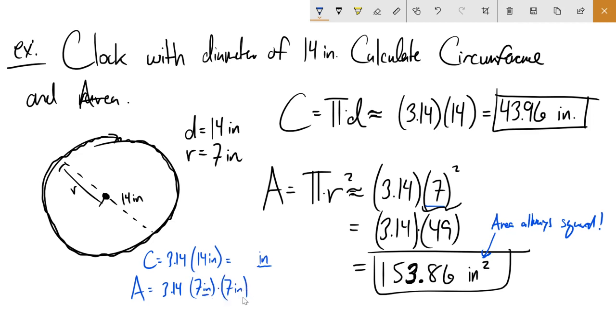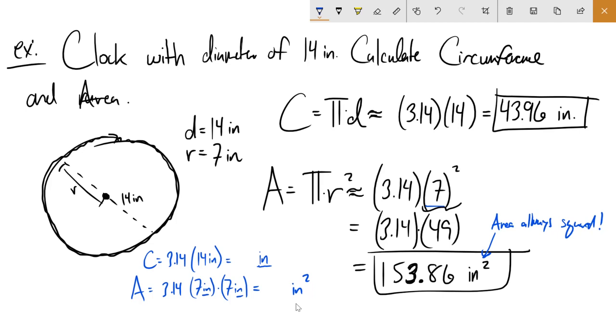And inches times inches is how you get inches squared. So you can think of it intuitively as always squared because you're in two dimensions with area. But the real reason is the units. You can see it here. You're doing inches times inches, and so you should be in inches squared. But the important thing is to remember that if you're dealing with the area, your units should always be squared.